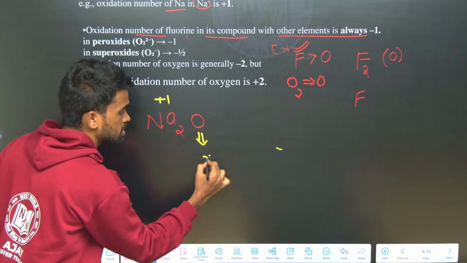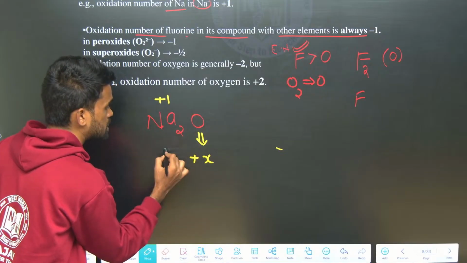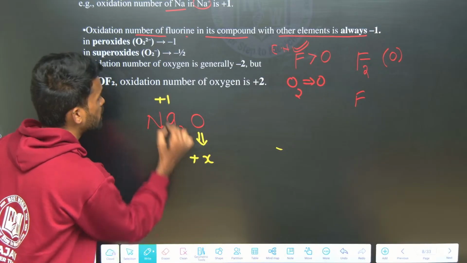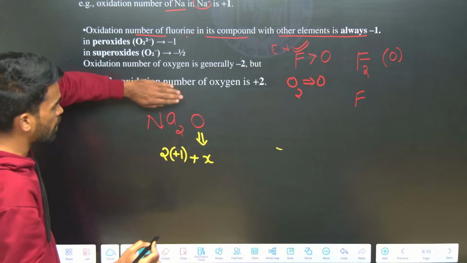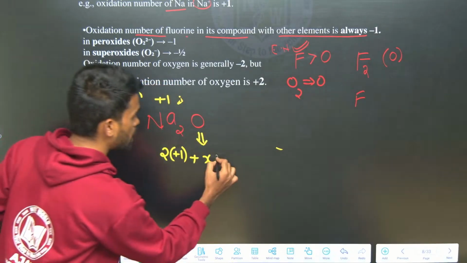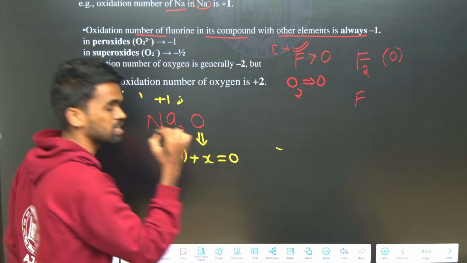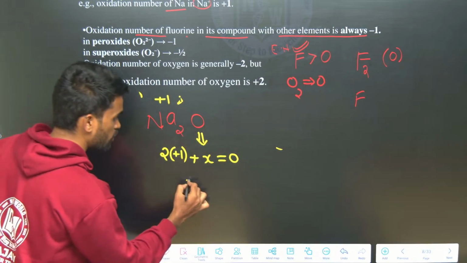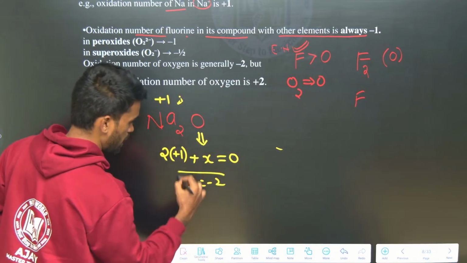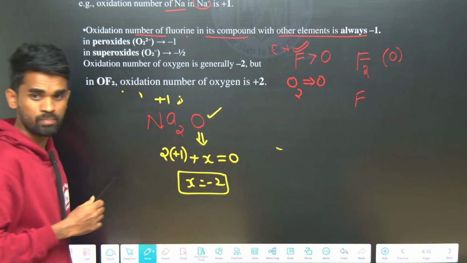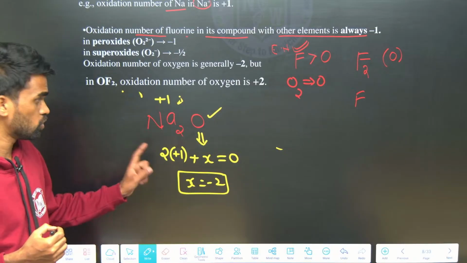You consider it as X. How many alkali metal atoms are there? 2 are there. Each one will have +1 charge. Does the overall molecule have any charge? No. The overall molecule is neutral, so equate it to 0. So what is the value of X here? +2 plus X equals 0, so X is -2. So -2 is the oxidation state of oxygen in Na2O.